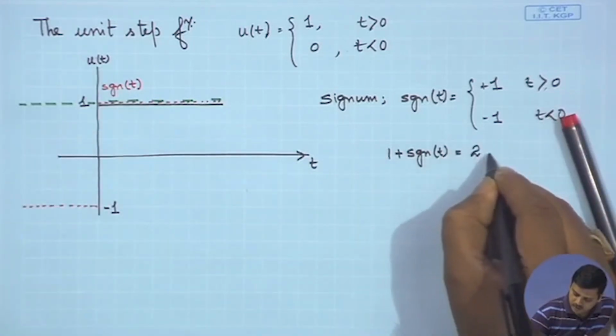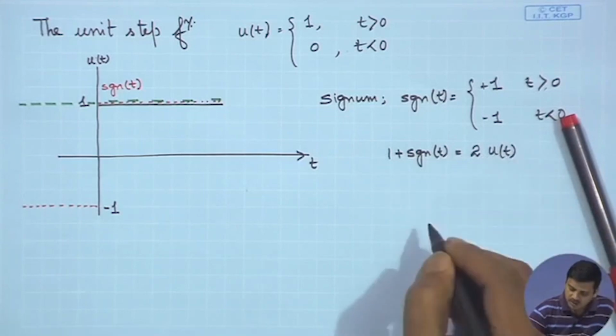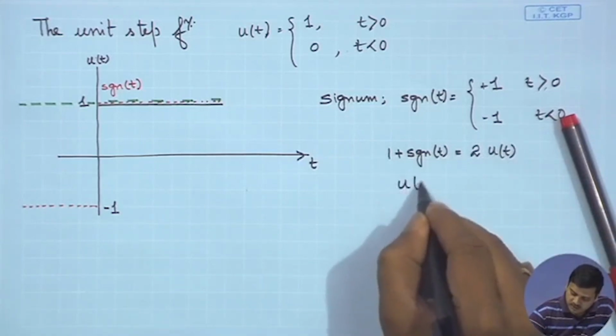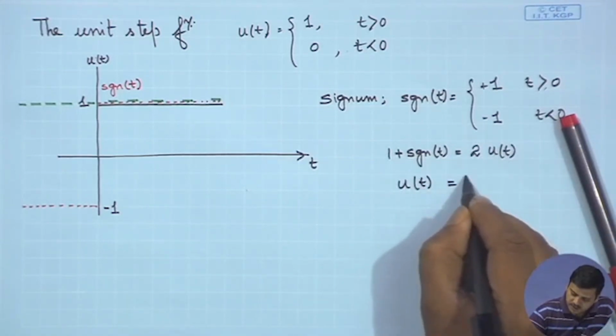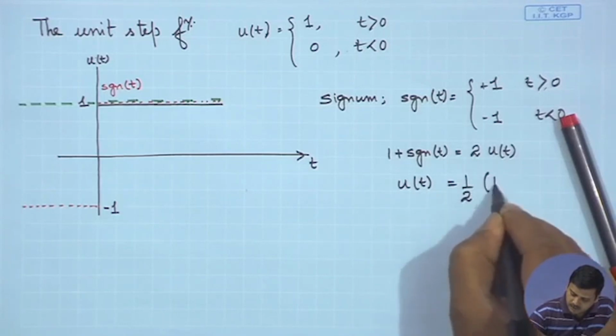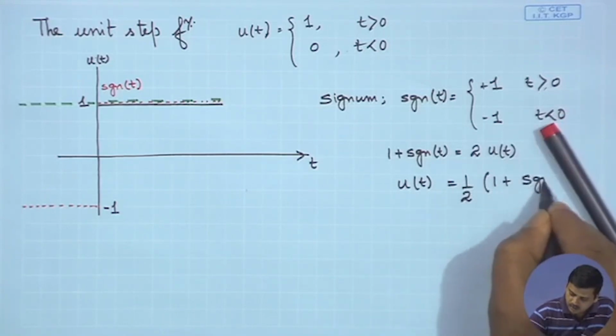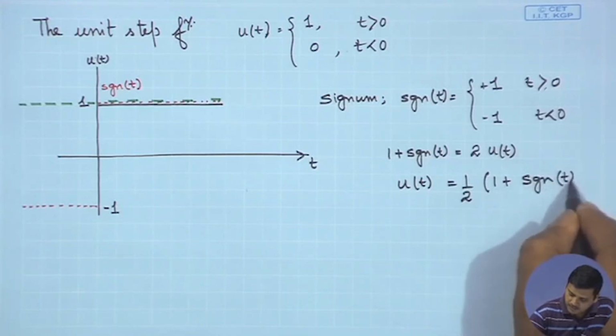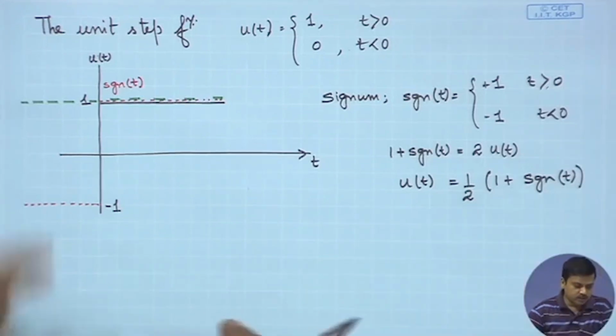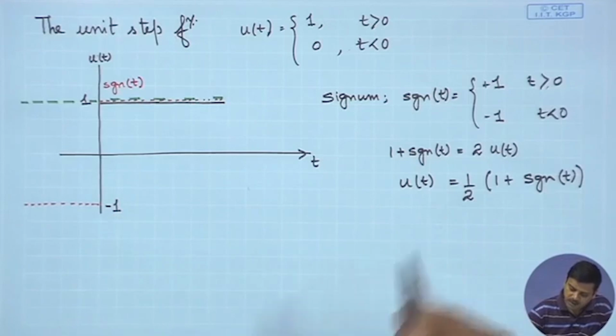You could rather represent u of t as 1/2 of 1 plus SGN of t. This is the general way of representing u of t.